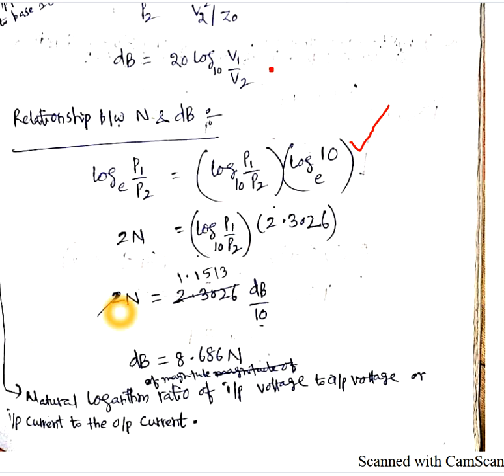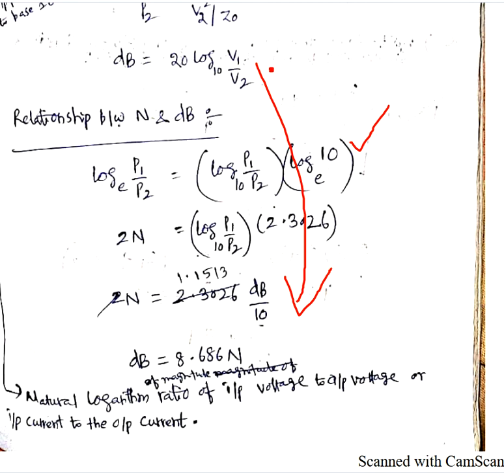So here 2 times nepers is equal to 2.3026 into dB by 10, because dB is 20 log 10 V1 by V2. So log 10 V1 by V2 will be dB by 20. So that is what coming from that to this, right?